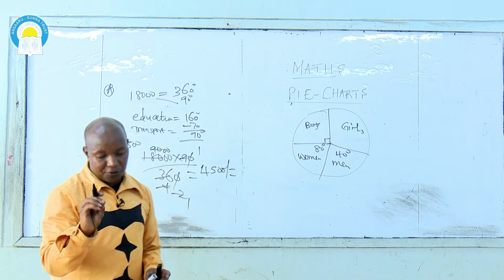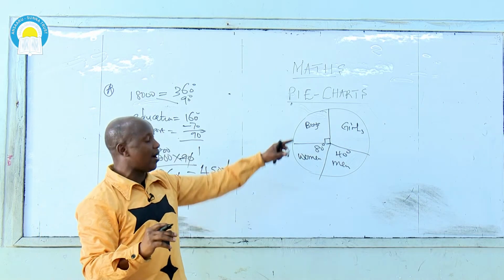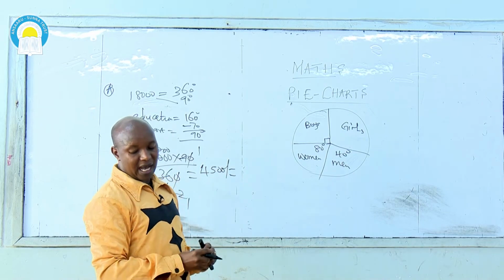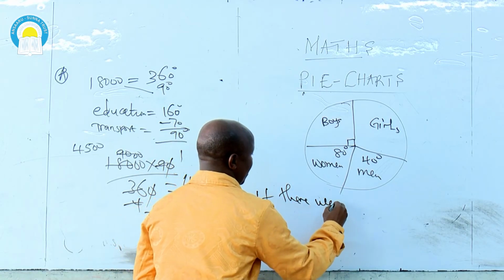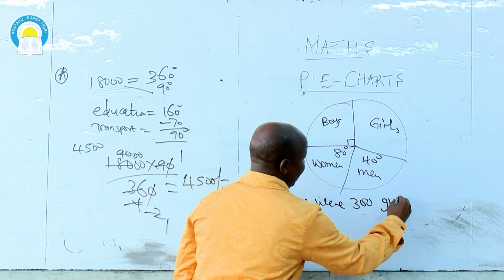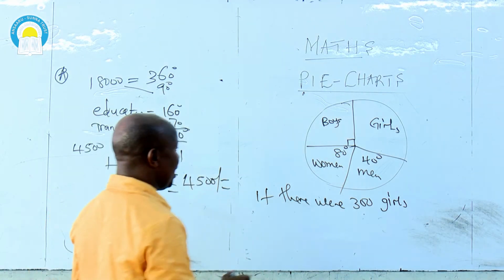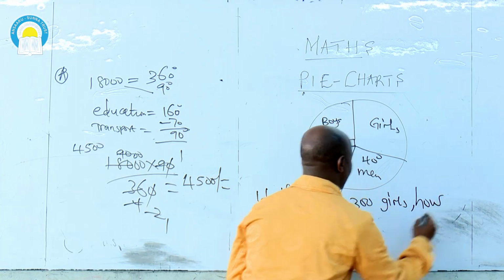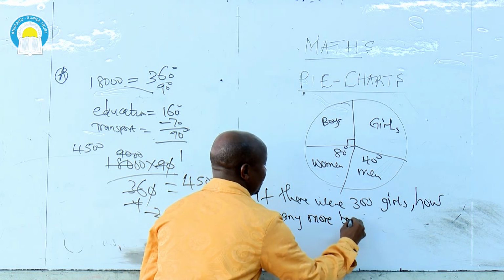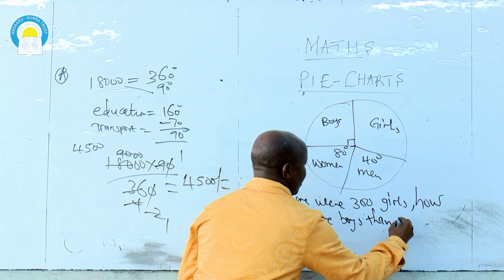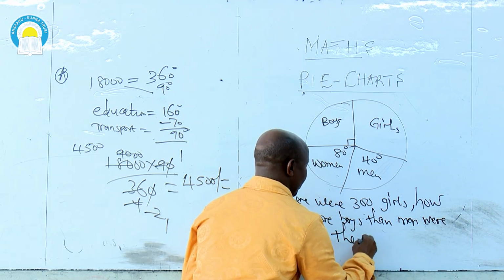Now, listen to the question. The population of the village is represented in a pie chart. This one is a village. If there were 300 girls, how many more boys than men were there in the whole village?